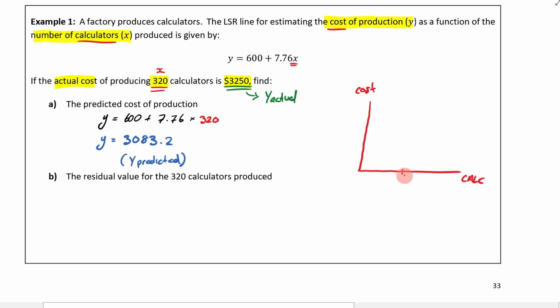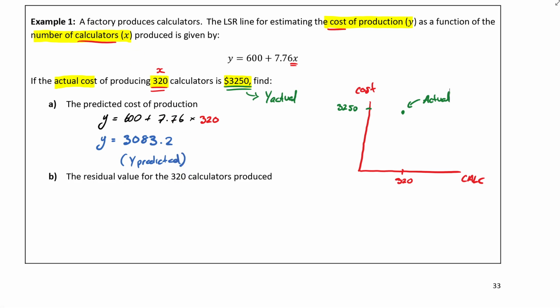So let's put 320 here. And we've been told that the actual cost of producing 320 calculators is $3,250. So that's an actual data point right there. This actual data point is 3250. This is actual. What we've found is the predicted.